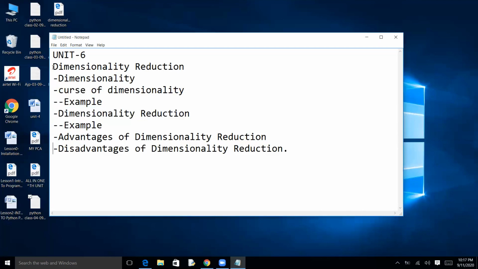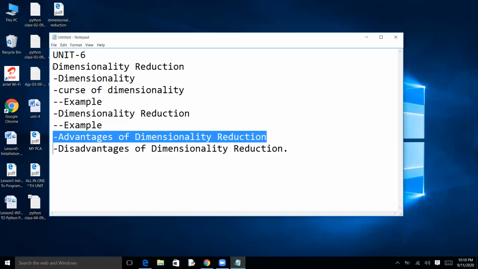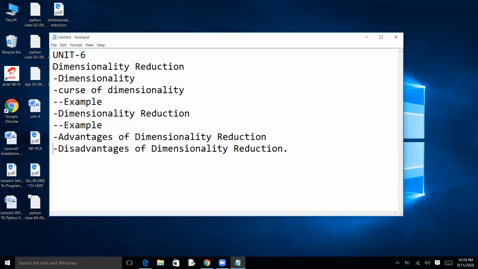Next, advantages and disadvantages of dimensionality reduction. After that, components of dimensionality reduction and methods to perform dimensionality reduction. We will see those afterwards.